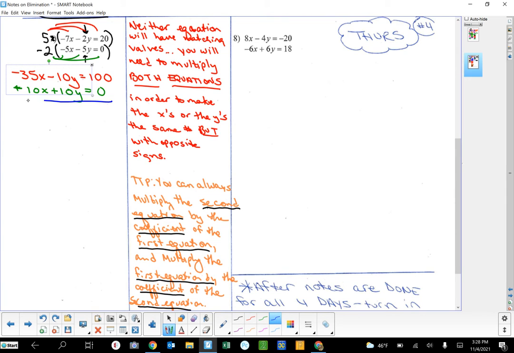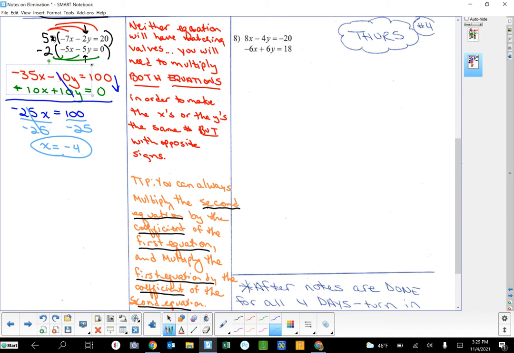And then I'm going to add down. So negative 35 plus 10 is negative 25x. My y's will cancel, equals 100. And then I'm going to divide by negative 25. Divide by negative 25. And x is going to equal negative 4.